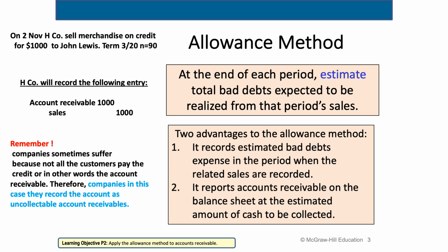Sometimes it takes them more than even the credit term. Here the credit term is, otherwise, if you didn't pay within 20 days, you need to pay within 90. Some of the customers don't even pay within 90 days, and some don't even pay their account receivables. So in this case, the company is going to record it as uncollectible account receivable.